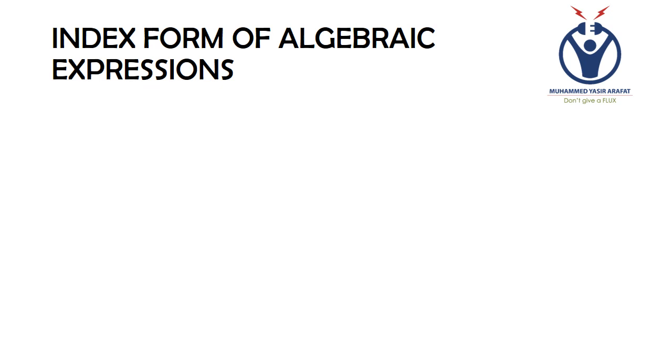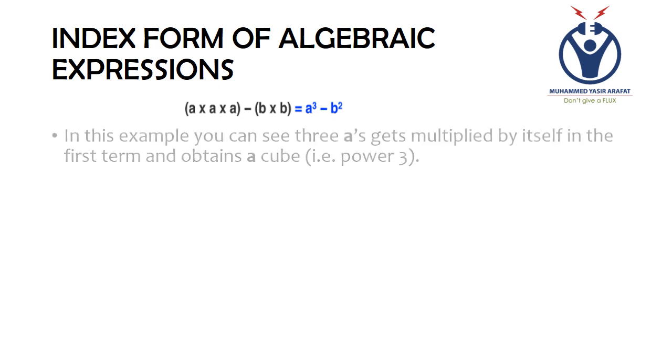The index form of an algebraic expression can be written as shown in this picture. Here a is multiplied by a and multiplied by a, which results in a cube, and b multiplied by b results in b square.